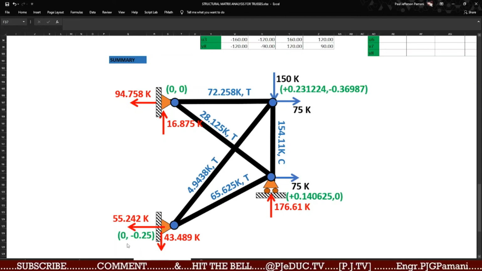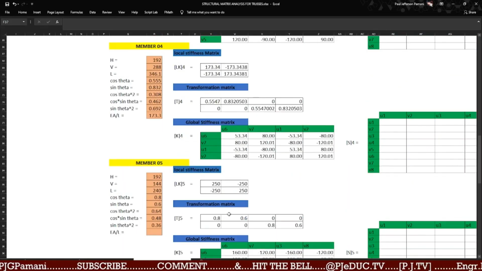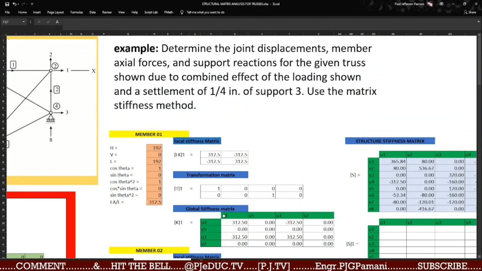Ito yung ating impending settlement sa node 3. Reactions on each support. Then the forces on each member. Okay, so that will be all for example number 3 using the direct stiffness method with a known deflection.